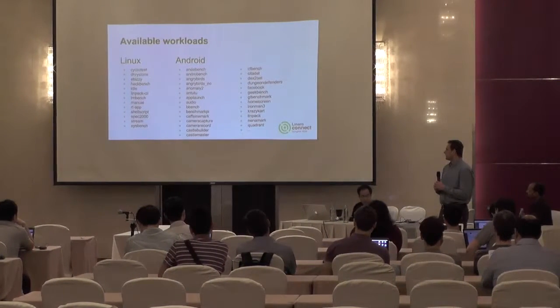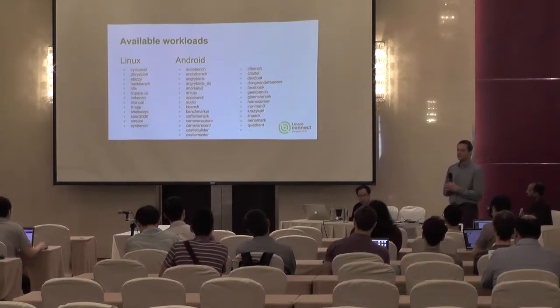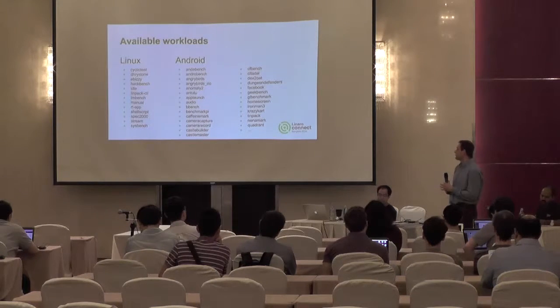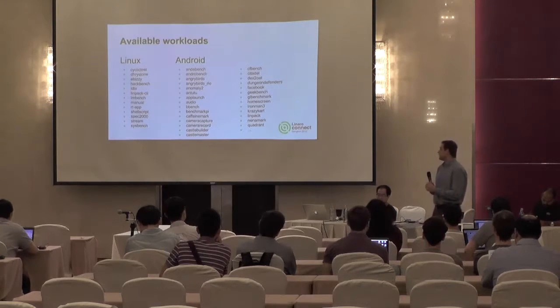Workload Automation upstream contains some pre-built binaries, but you probably don't want to use them. The easiest is to just provide your own binaries. Same with Android: the Linux workloads are included in the Android list as well.